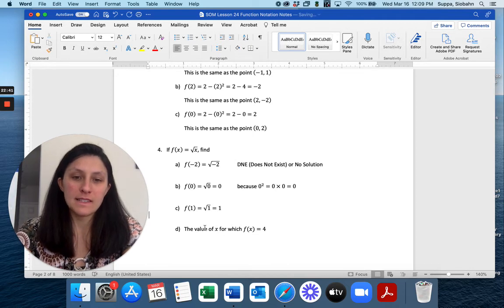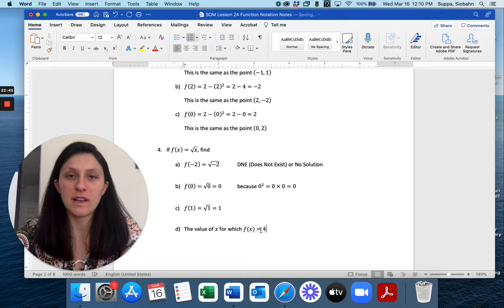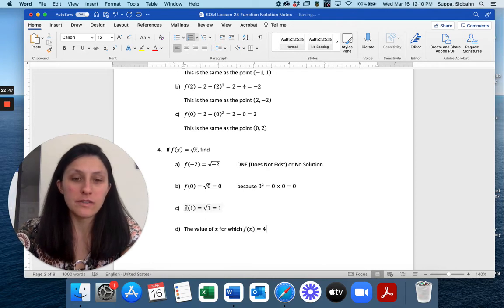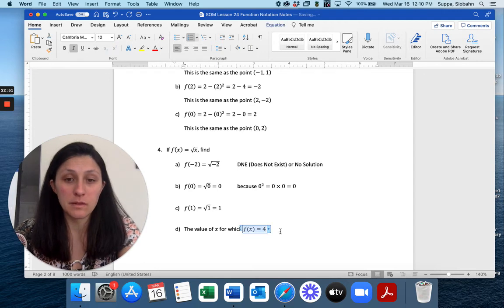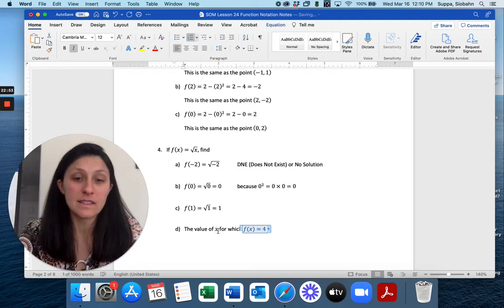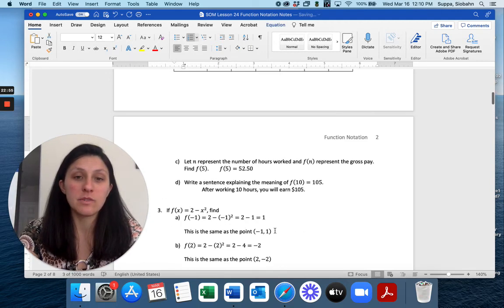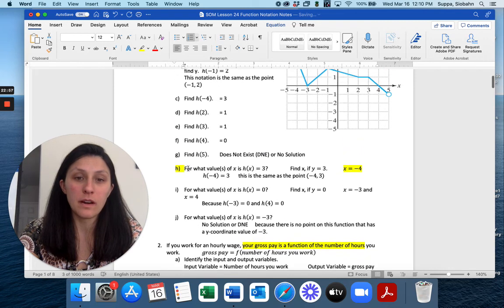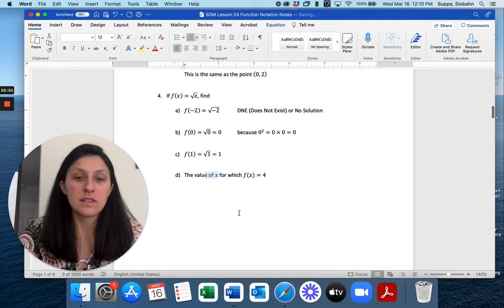For this last question, this is again driving home the idea that you don't always have to just find f of a number. You could be given f of x equals a number and then asked to find x. So this is very similar to the problems we did up here, where in h, i, and j we were actually finding the x values. So this is the same thing.